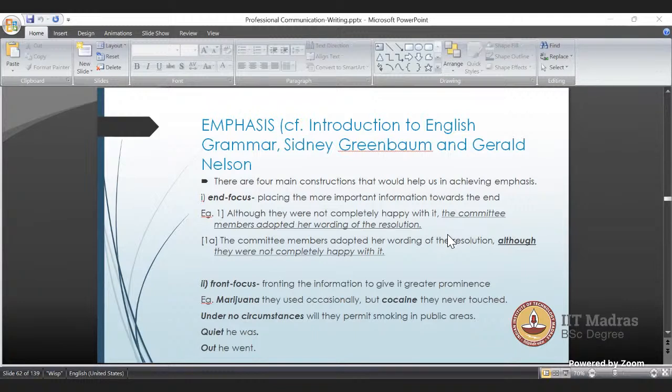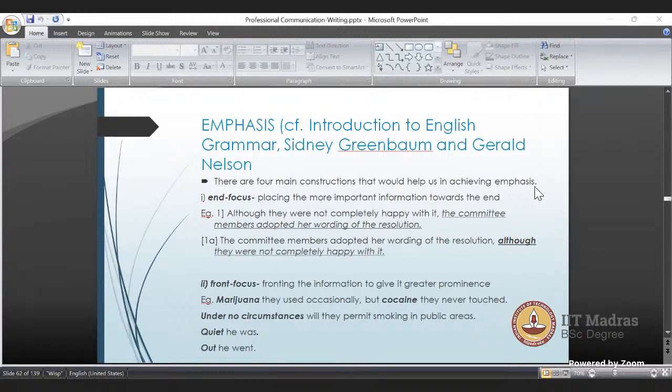However, very sparingly, right? So when you're using it for an official piece of writing, longer than an email, let me put it this way, if it becomes easier for you. If you're writing anything that is longer than an email, you definitely do not use the front focus. Okay, that's not allowed in formal spaces. So are end focus and front focus both clear to you guys?